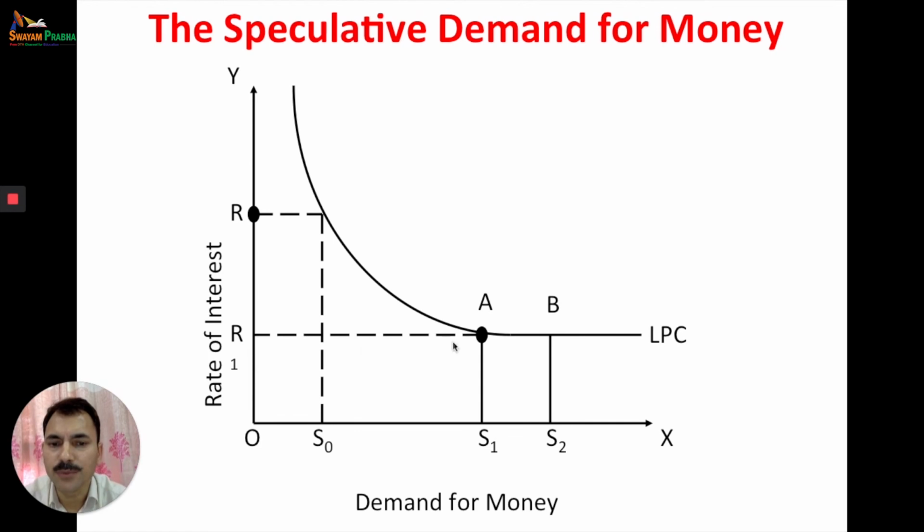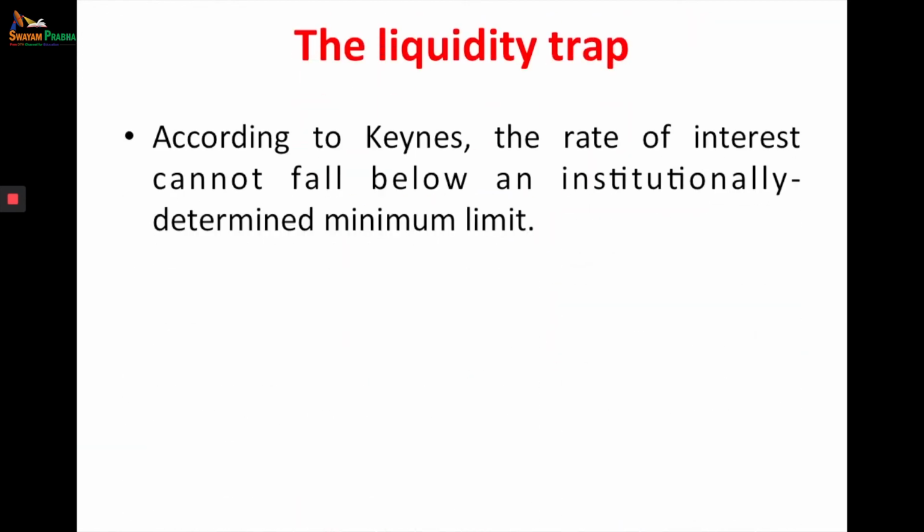this is the minimum point below which the rate of interest will not decrease. Any increase or decrease of the rate of interest beyond this point will not affect the demand for money or LPC. This part, when the rate of interest is minimum, is known as the liquidity trap.